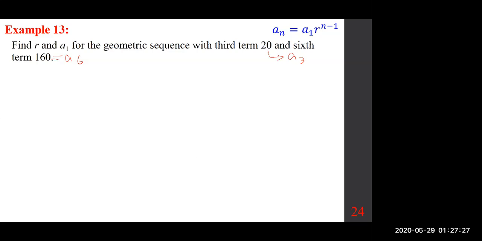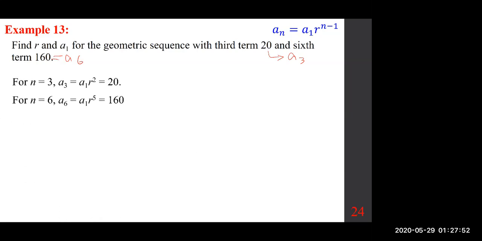We want to find R and A sub 1. So one easy way is just look at the top right formula in blue. That's the nth term. So we write the nth term for n equals 3 and for n equals 6.